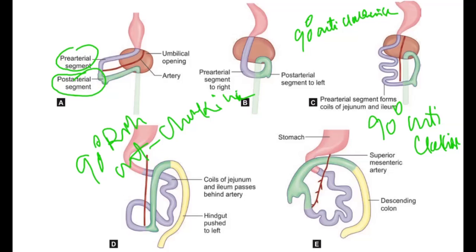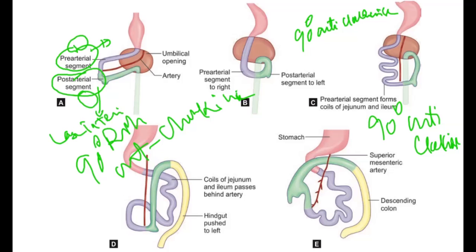But now what happens is, we have said this is the pre-arterial segment and this is the post-arterial segment, right? All this happens to the pre-arterial segment only, okay, because the post-arterial segment becomes large intestine, okay, cecum, colon, all these things. Pre-arterial segment becomes ileum and jejunum, right?